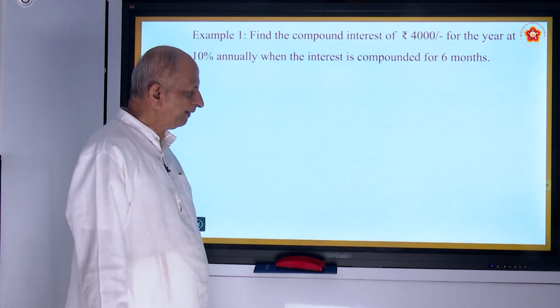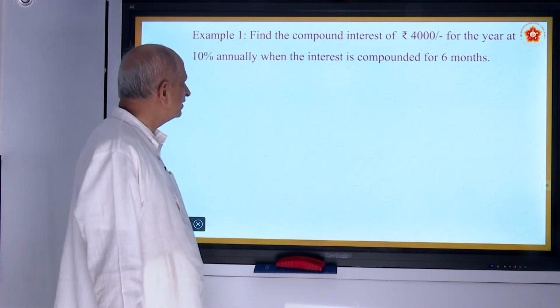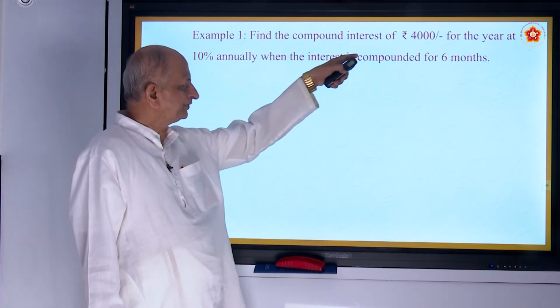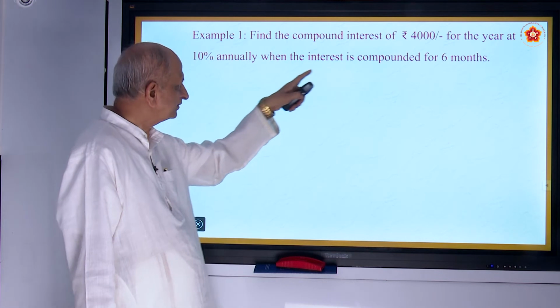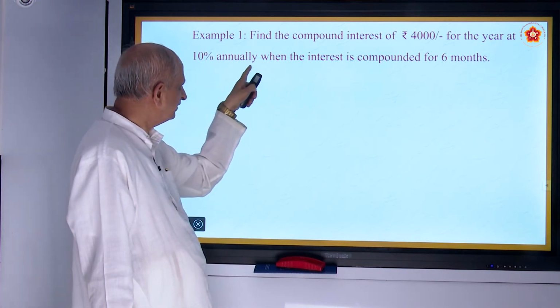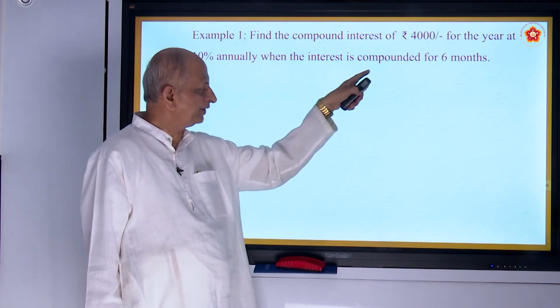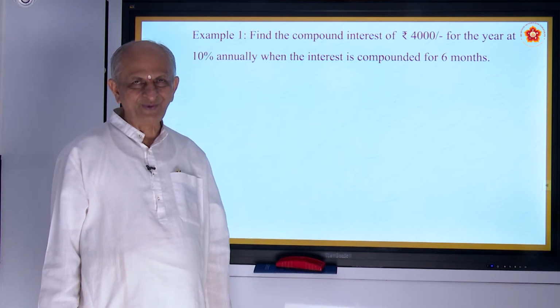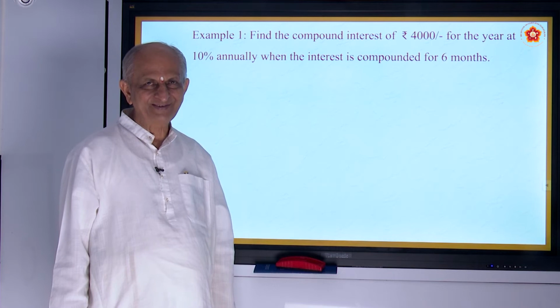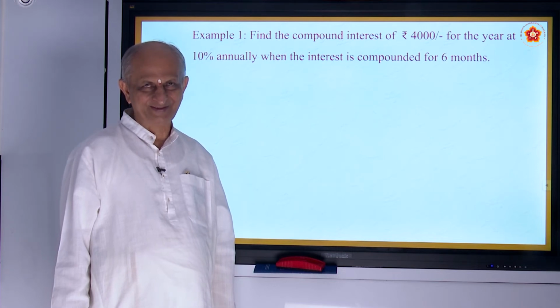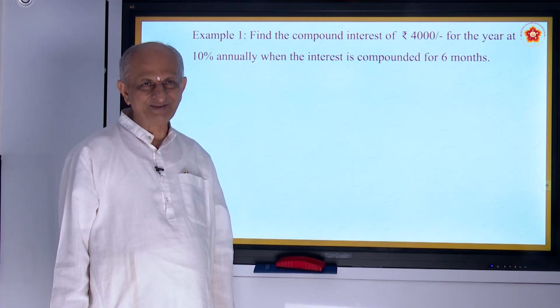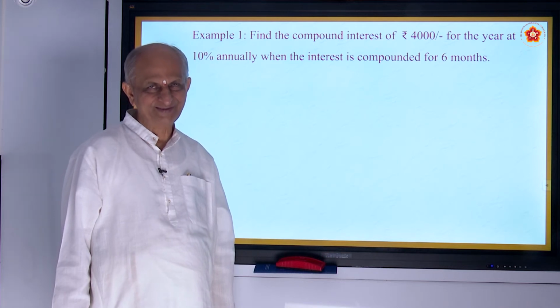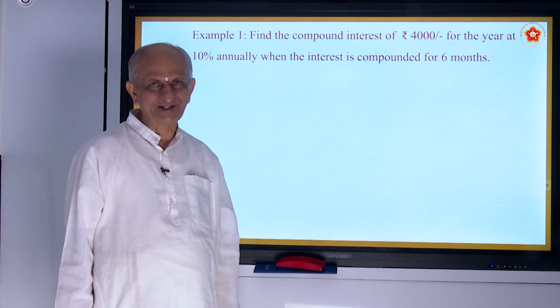Now we will work out problems on this. Find the compound interest for rupees 4,000 for 1 year at 10% annually when the interest is compounded for 6 months. So 1 year means how many half years? 2 half years. 2 years means 4 half years. 3 years means 6 half years.